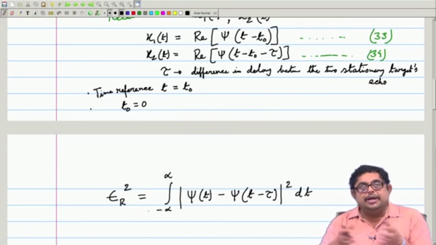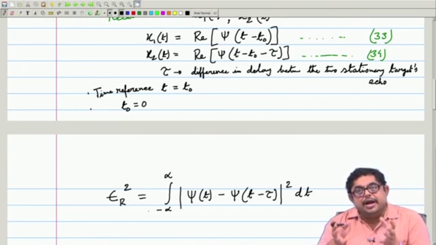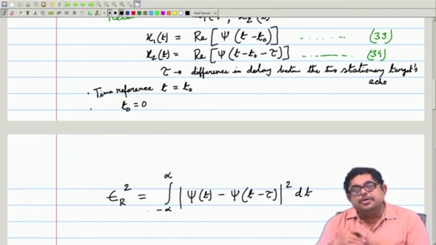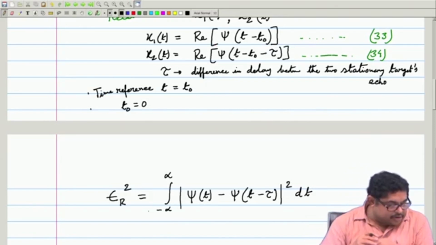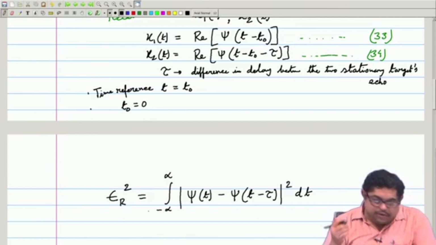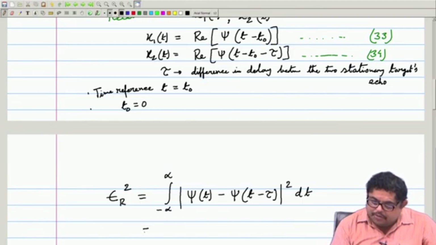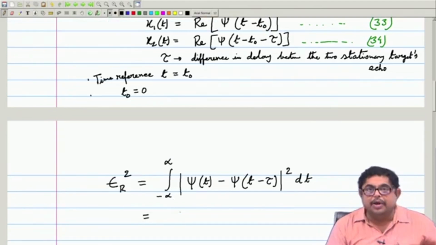Now, obviously, if this error is very small, then I will say that this is the same target's return, and if it has a substantial value, then we will say that these are two different things. This is obvious from common sense. So, now let us manipulate this square error.